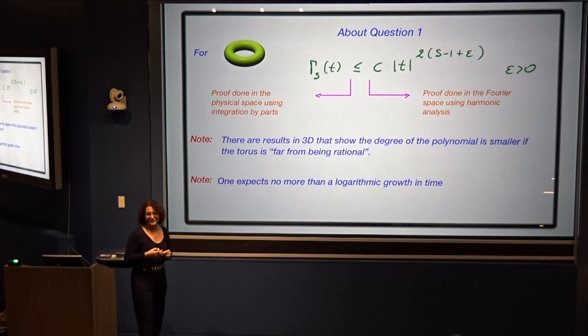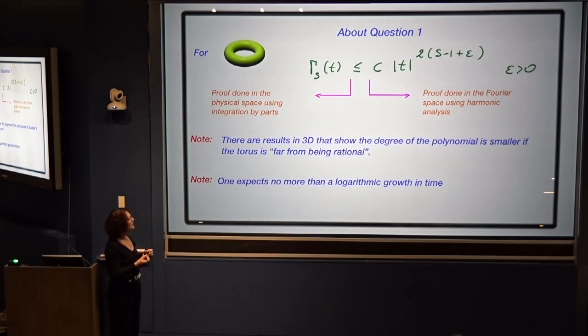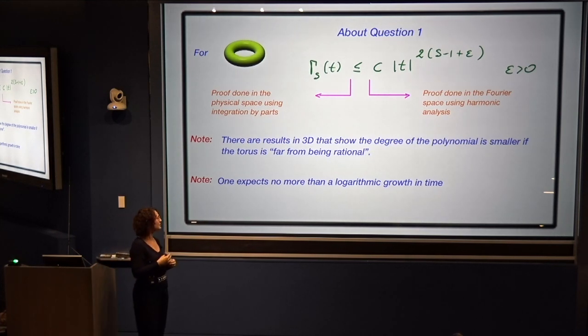An interesting thing, though, and this is a result in 3D, is that if we consider irrational tori, as opposed to very rational ones, and when I talk about being very rational, very far from being irrational and so on, this is my colloquial way of saying things, but of course, mathematically you can define that properly using Diophantine numbers and so on.